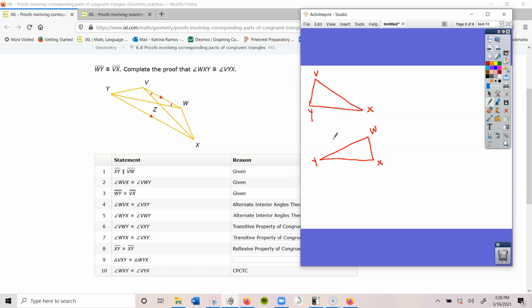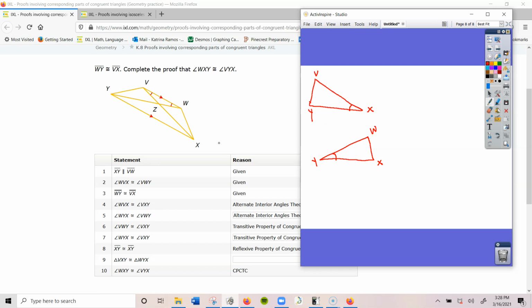So let's draw everything out. We have that angle WVX, which is not there. Okay, so let's go here. WYX is congruent to VWY. That's not there. So let's move on to the next one. Angle VWY we don't have. Okay, angle WYX is congruent to VXY.